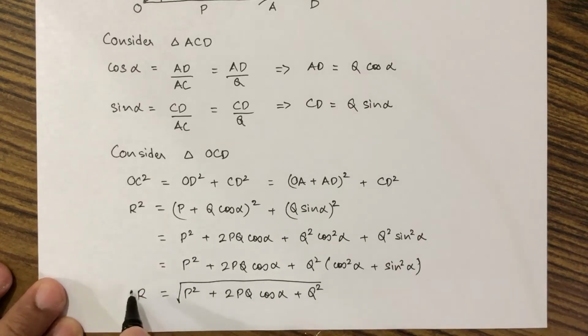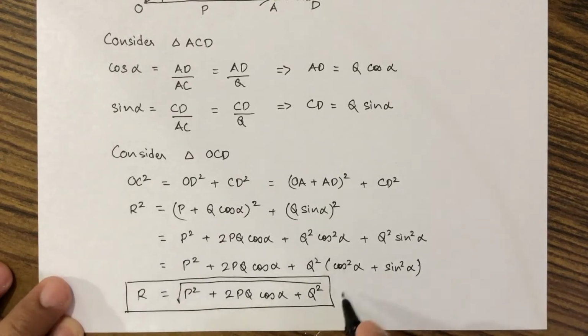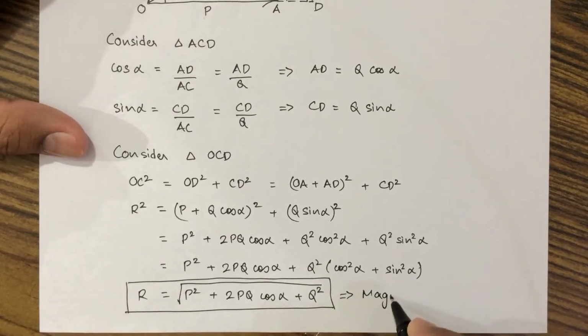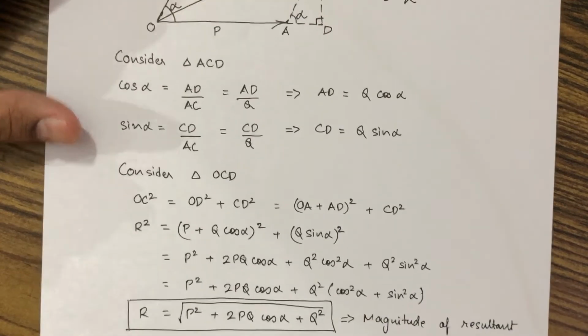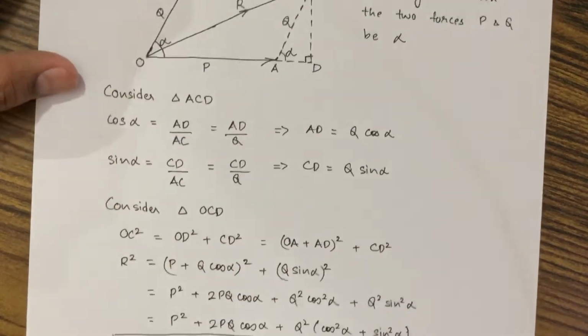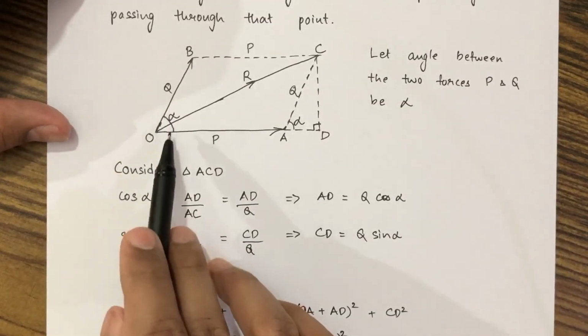This is the magnitude of the resultant. Here P is this force, Q is this force, and alpha is the angle between P and Q.